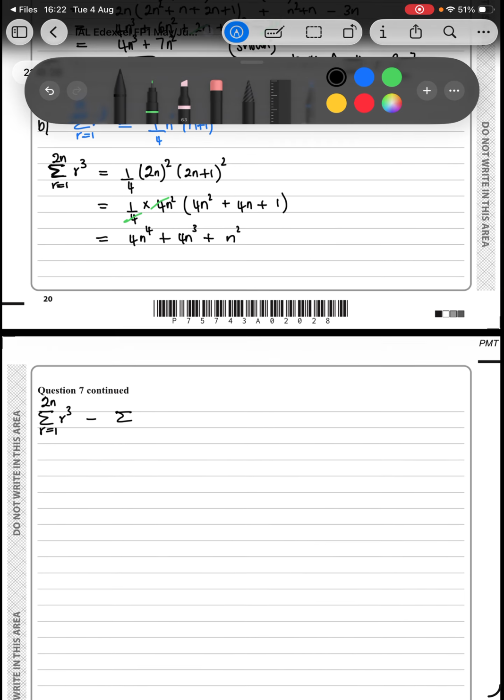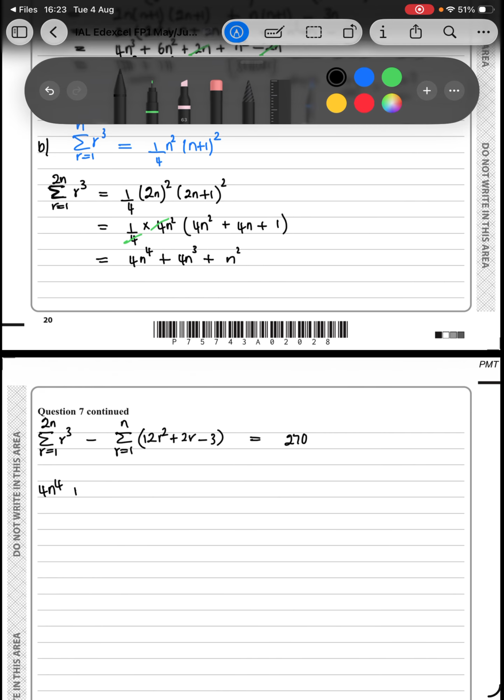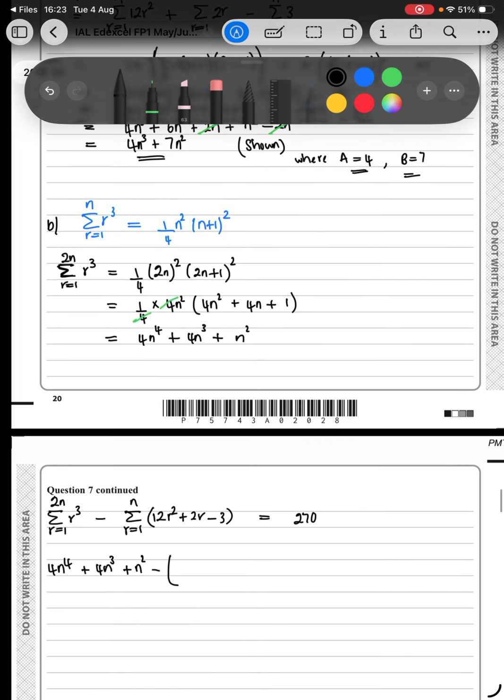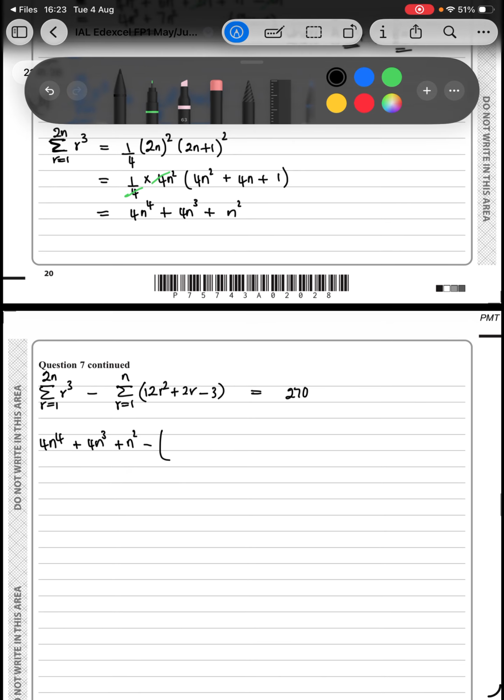is equal to 270. So this we found to be 4n to the power 4 plus 4n cubed plus n squared, minus, let's put it within brackets, from part A we found 4n cubed plus 7n squared, which is equal to 270.